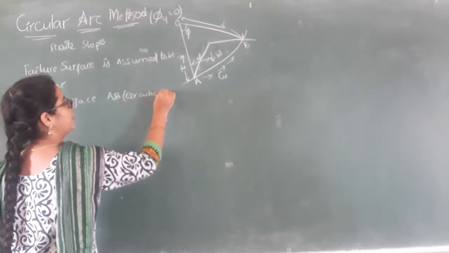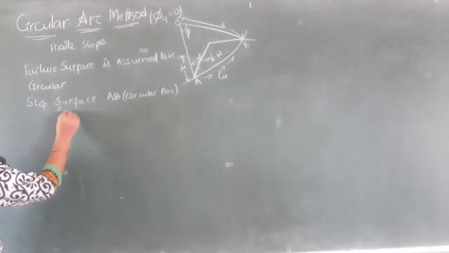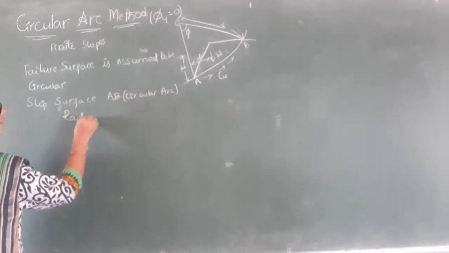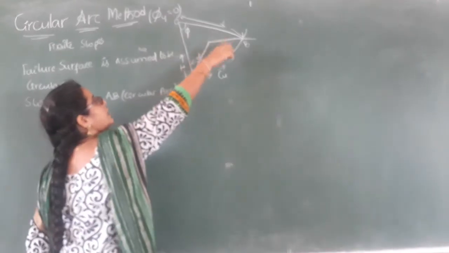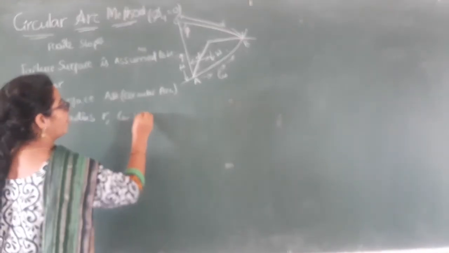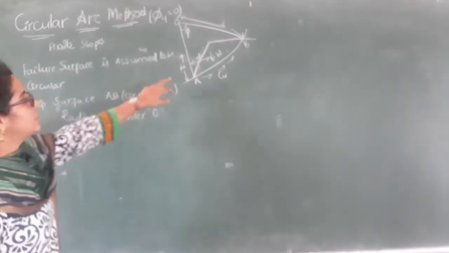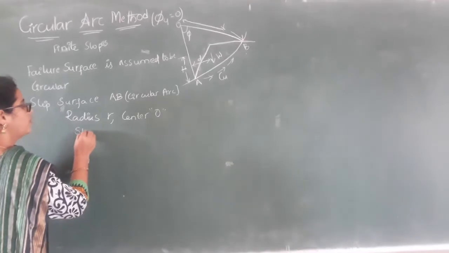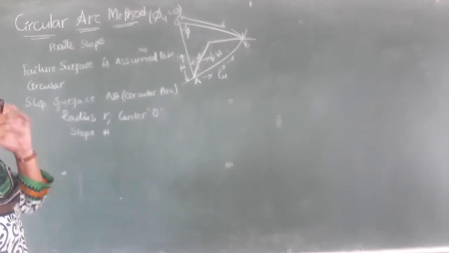Circular arc, which is having radius r. So if you see in the figure, radius r, center O, slope height h.